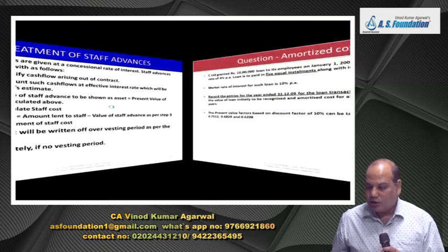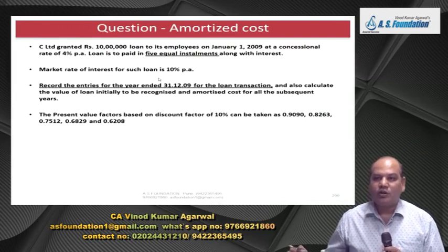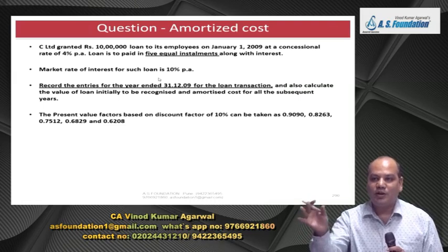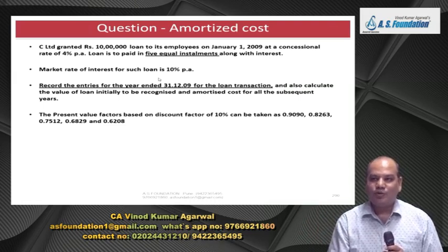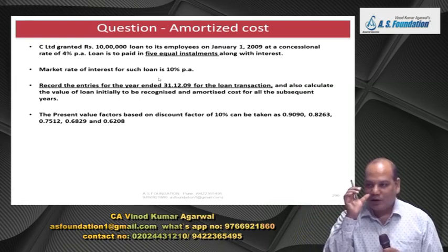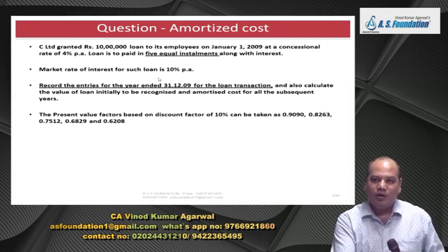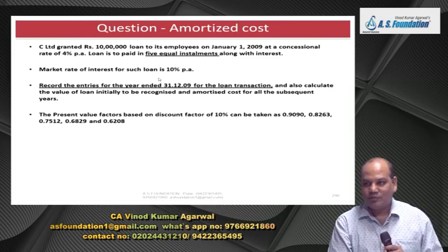Okay. So this again brings us the concept of substance over form. So traditional accounting will change here. Now I am not going to recognize 2% interest income. I am going to recognize effective interest rate on the fair value of the loan given as interest income. Because in the name of loan, you are actually giving compensation to the employee.